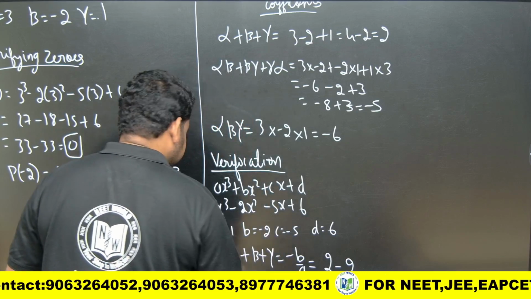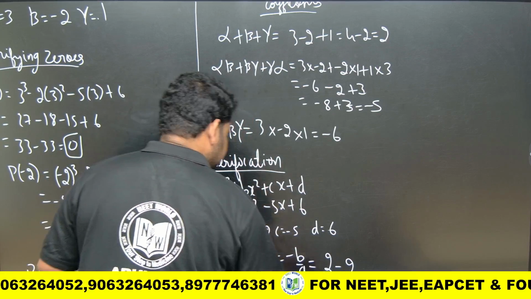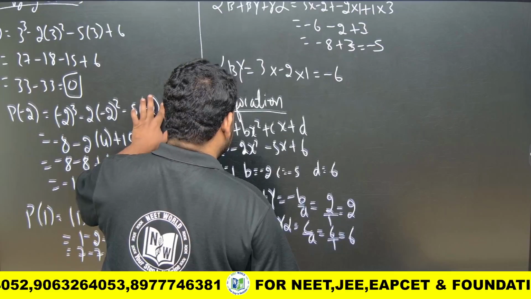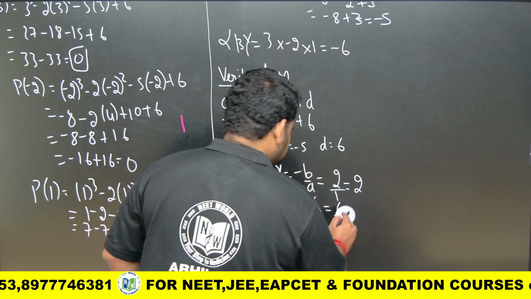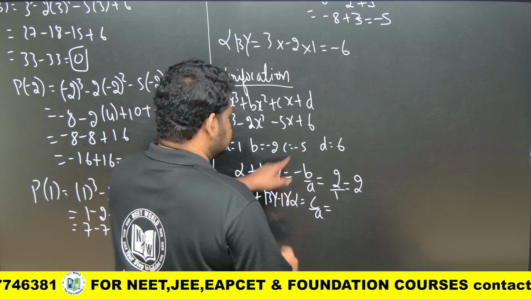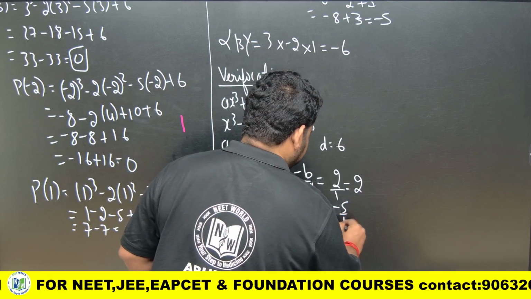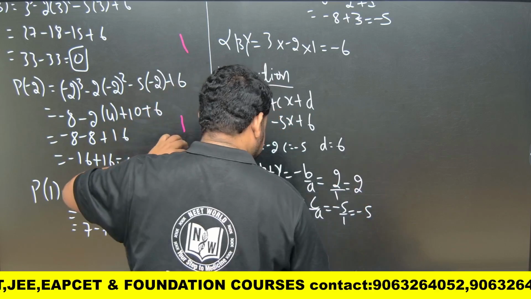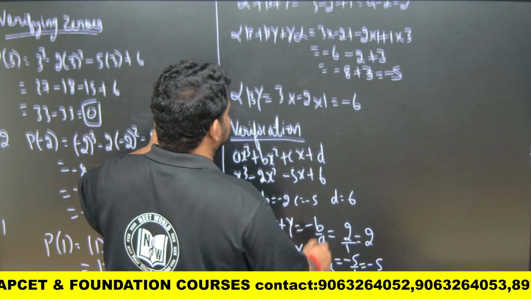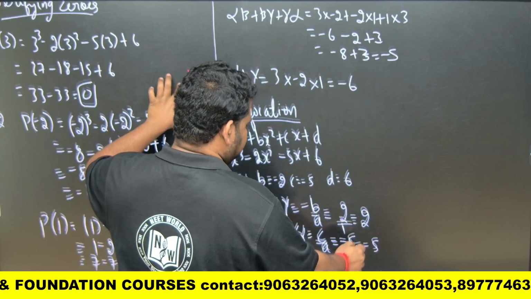See, I have made a mistake. C is actually minus 5, so it is minus 5 by 1, that will be equal to minus 5. That is the same as this one. Here also it is minus 5.